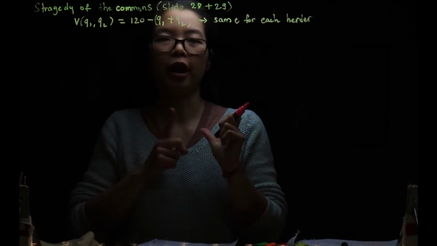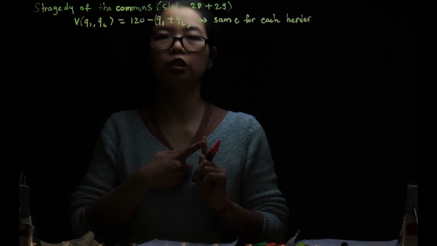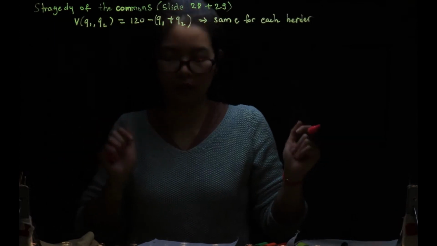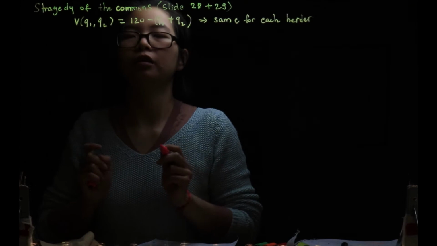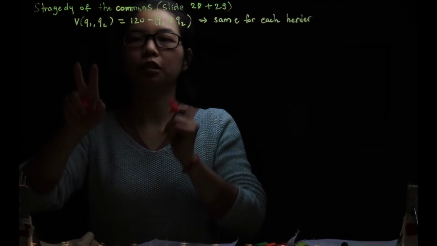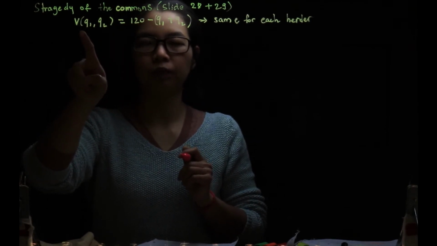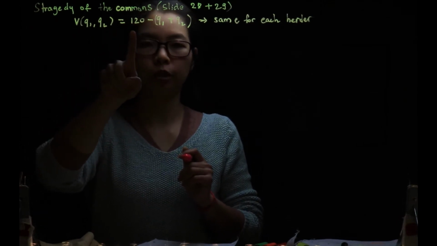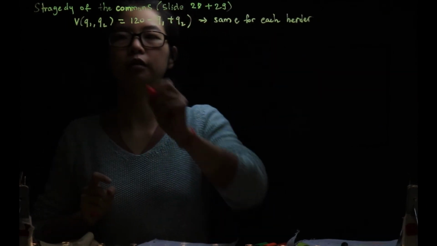Okay, so we have players, we have their strategies or possible actions, which is a range of values, the number of sheep, right? Now we need the payoff. What is the payoff in this situation? It's a function of the number of sheep and the value. And here note that the value of grazing per sheep is the same for each herder.